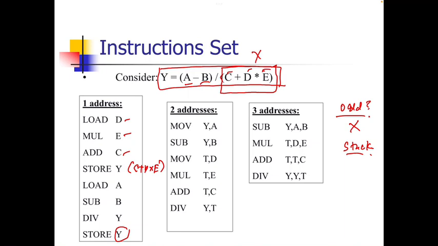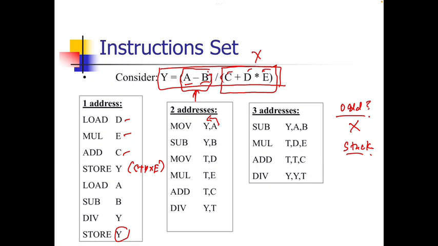How about two addresses? By having two addresses, first we move A to Y, and then we subtract. So we solve this first: move A to Y, and then we subtract what we have in Y, so this means A minus B. Then we move D to T, so T is memory.